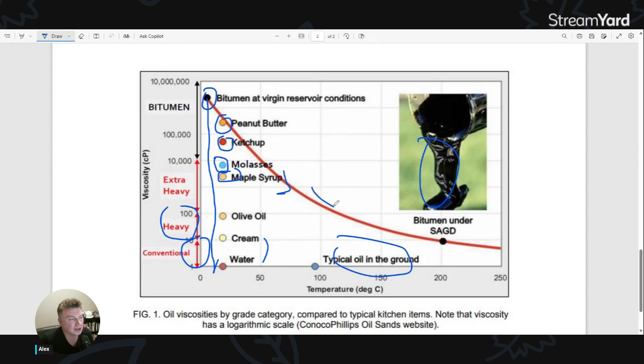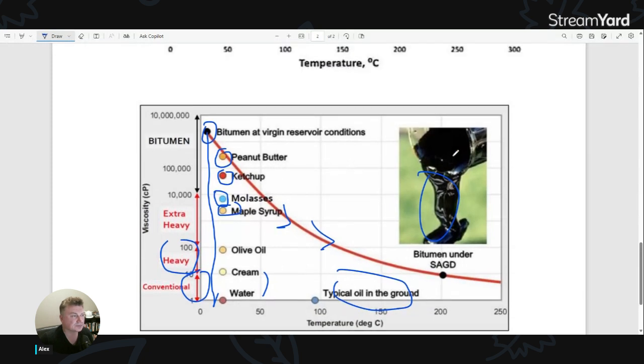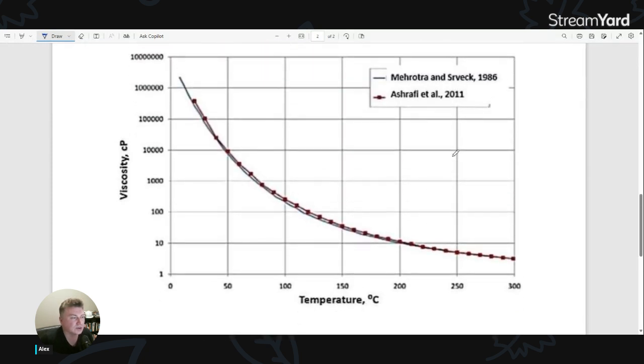And now we're going down that viscosity chart as we increase the temperature in the reservoir to drain that oil at high rate, so it can be drained by gravity. And on that talk that I'm going to do on October 29th, I'm going to be talking a little bit about other opportunities on how this chart could be modified, where you're able to achieve different types of viscosity drainage, if you will.